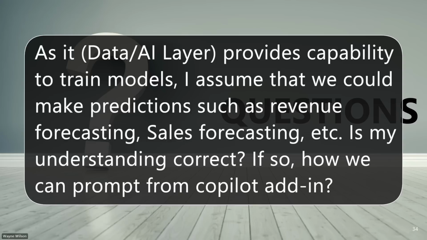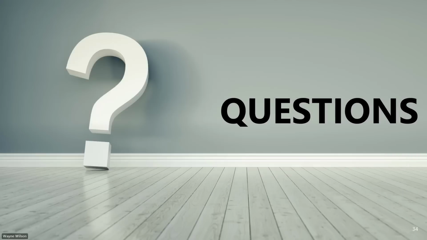We do not train any of the models, right? So right now we use a version of GPT-4 that is called from CAPI, but we do not support any training, nor do we provide any training data. With respect to revenue forecasting, in the long-term roadmap, there is some notion of looking at forecasting capabilities, but that would be as a standalone feature within the application.